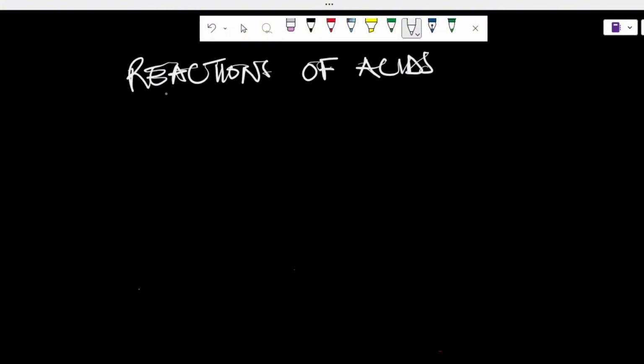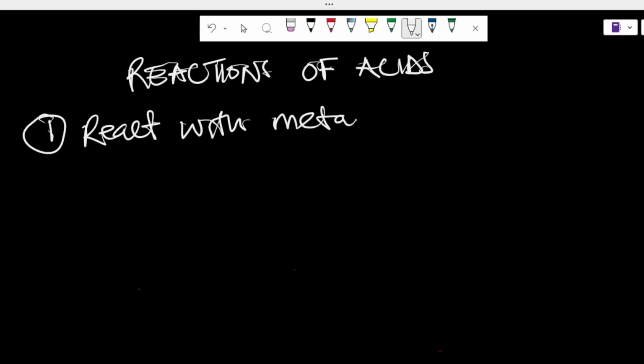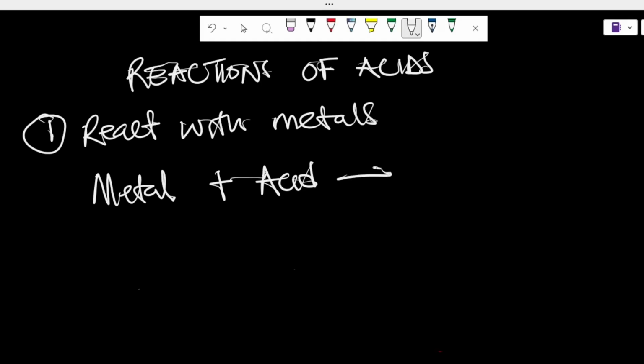Now, the next thing that we're going to look at is the reactions of acids. And the first thing is for us to understand that acids usually react with metals. This means that when you react a metal with an acid, this is going to give you salt and hydrogen.